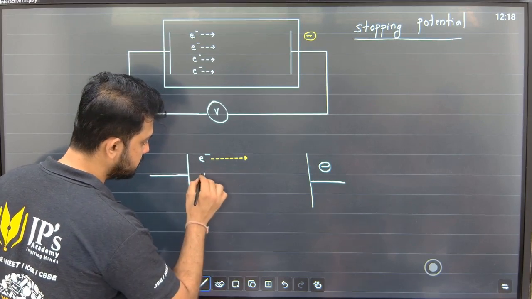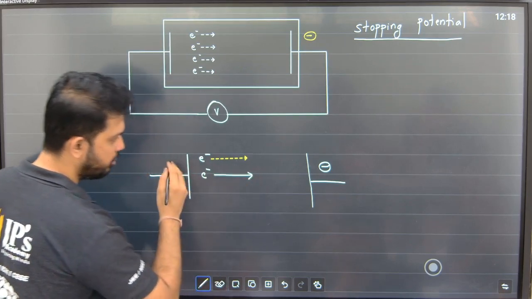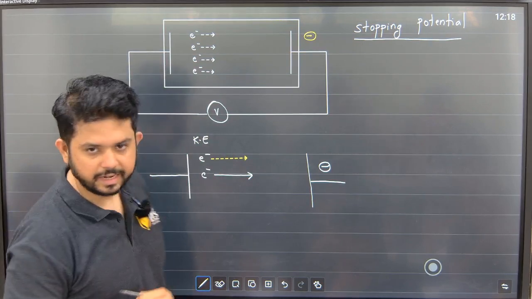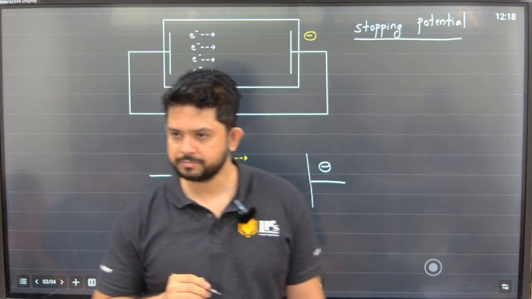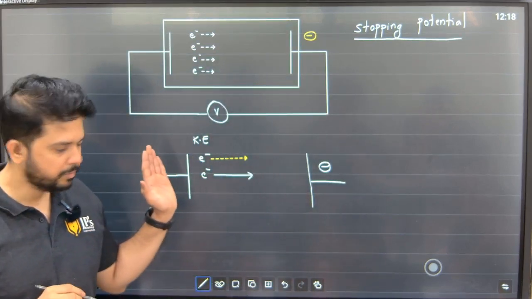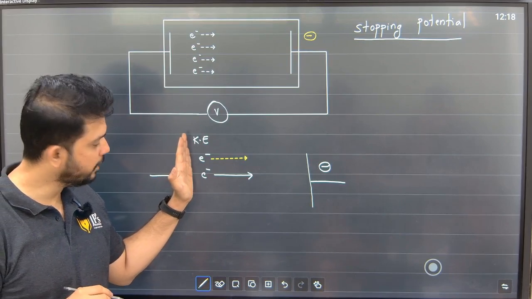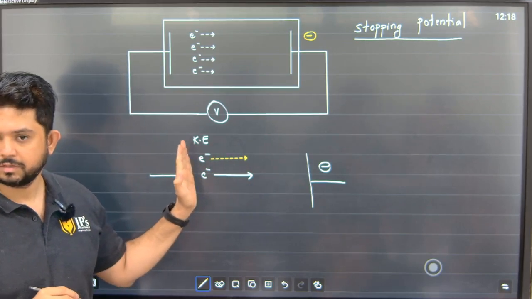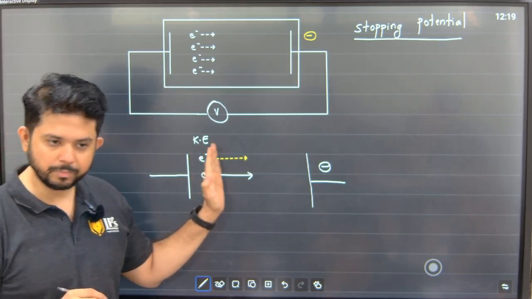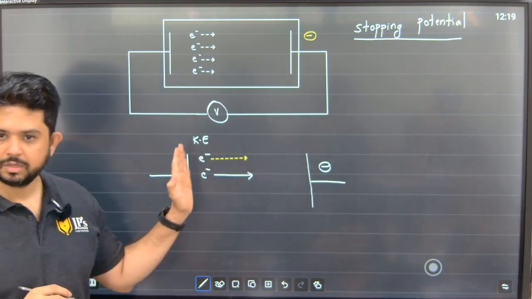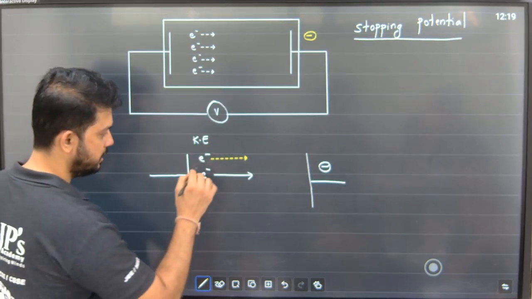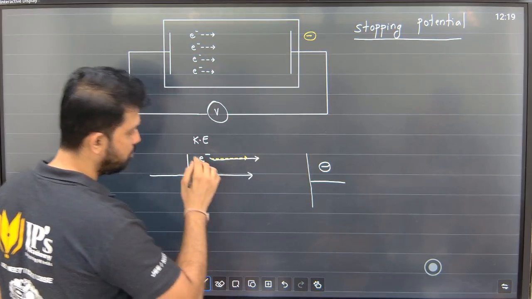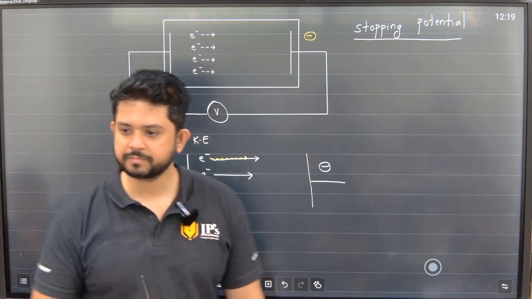There is some amount of kinetic energy present in the electrons. What we're trying to do is stop the electron. What do you mean by trying to stop the electron? It is so that eventually when the electron reaches here, what will its kinetic energy become? Zero.